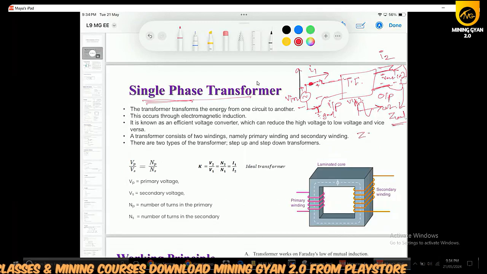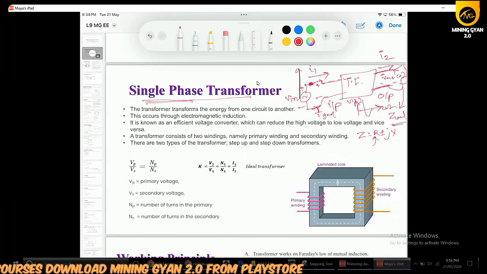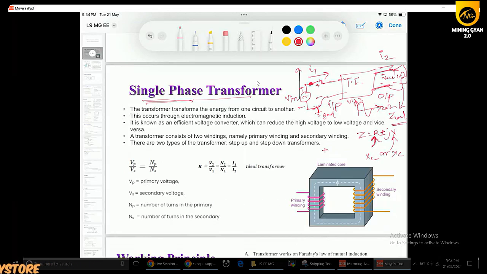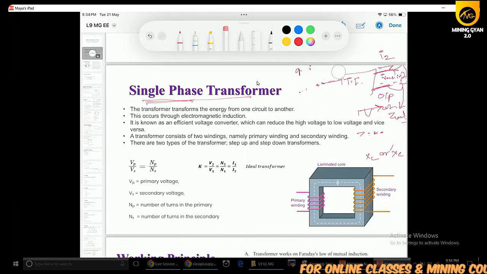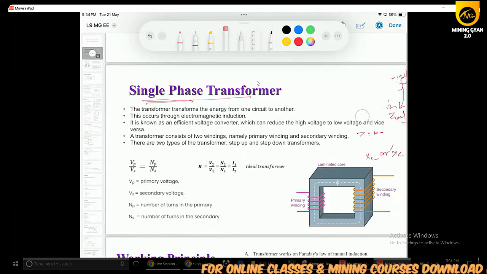Impedance is R plus minus jX, where R is the real part, which shows the resistive part of the impedance Z, and this X can be either XL or XC. So plus minus will be there. If it is plus, then it will be jXL, the inductive part. If it is minus, then jXC will be there, the capacitive part. That is the load connected across the output terminals of the transformer.